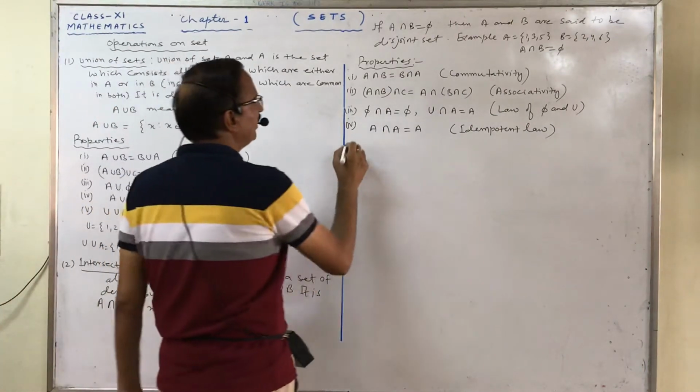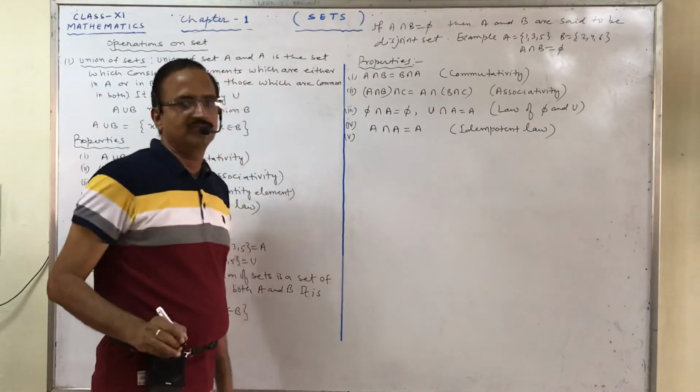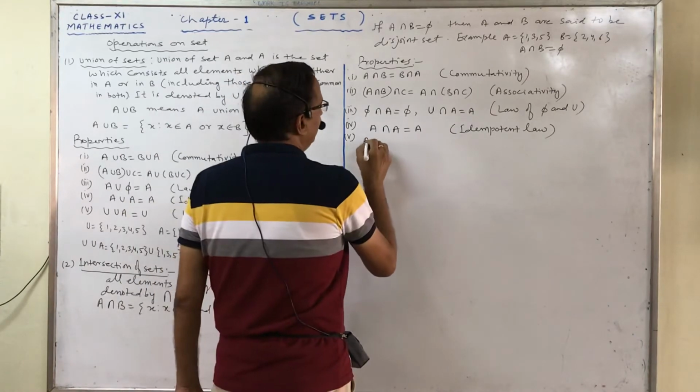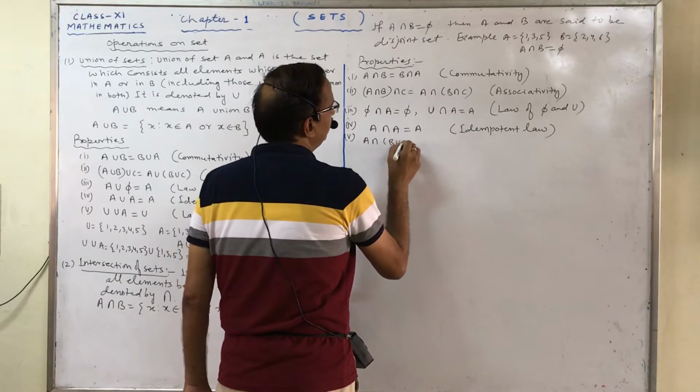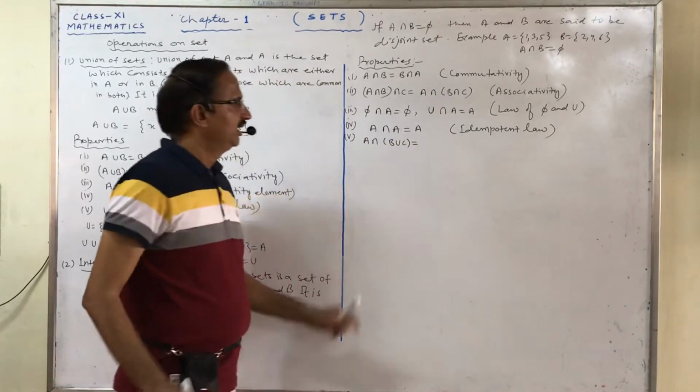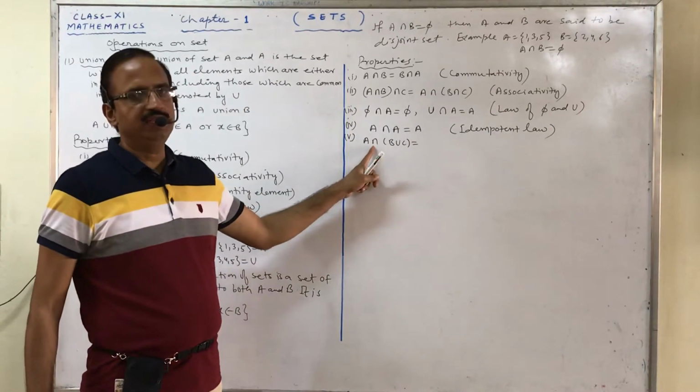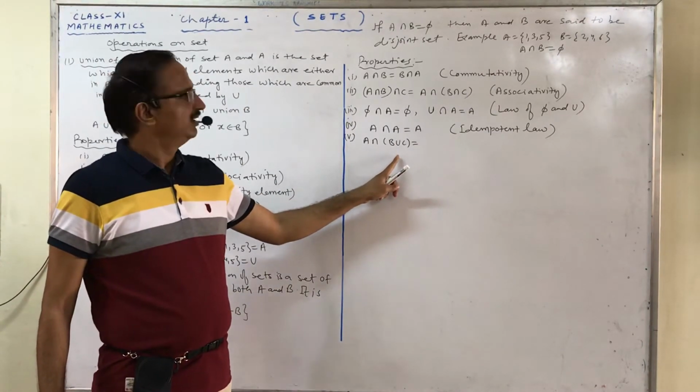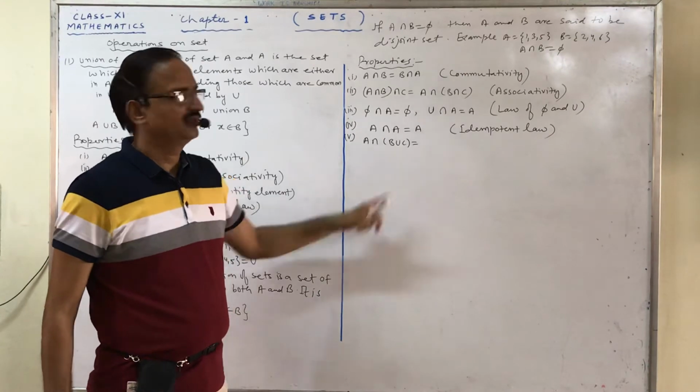Next, fifth property, A intersection B union C. Intersection is distributed over what? Union.